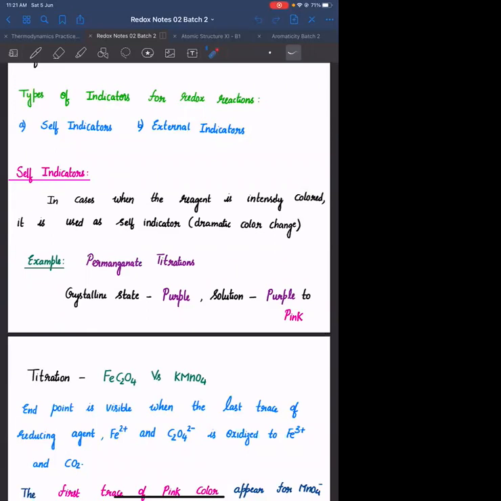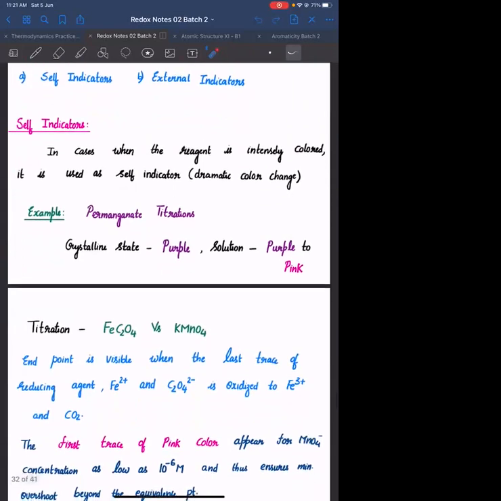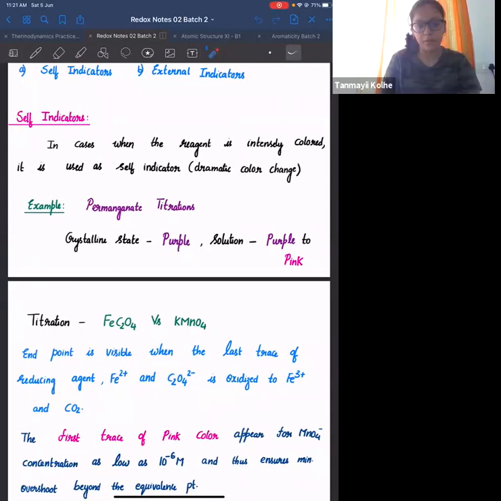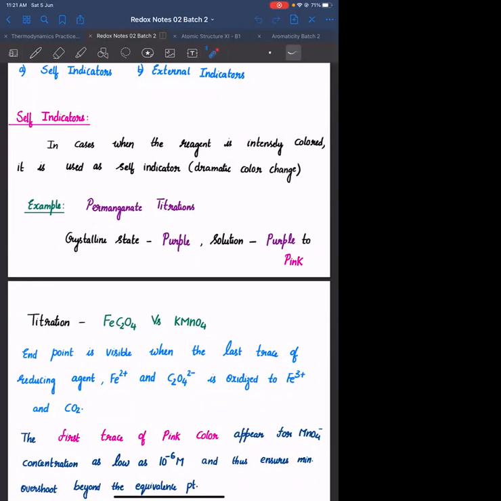If you are taking KMnO4, and if you are introducing that through burette, what is the color of KMnO4? Purple to pink. The solution of KMnO4, the color ranges from purple to pink. Whenever you are introducing KMnO4 inside H2C2O4, H2C2O4 is colorless.